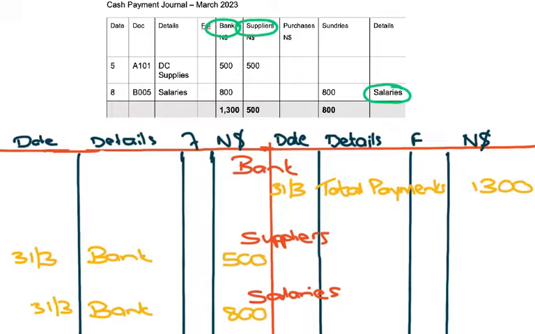Let's quickly look at my details in my different accounts. My details in the bank account refers to my total payments. So that refers basically to my suppliers and to my salaries. My details in the suppliers account refer to my bank, and also in my salaries account refers to my bank.